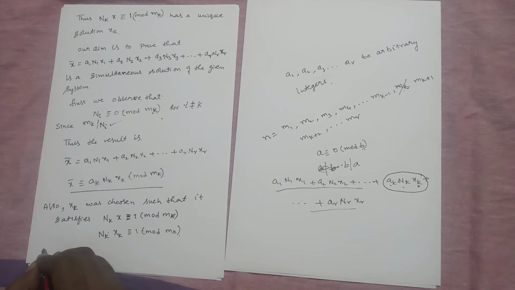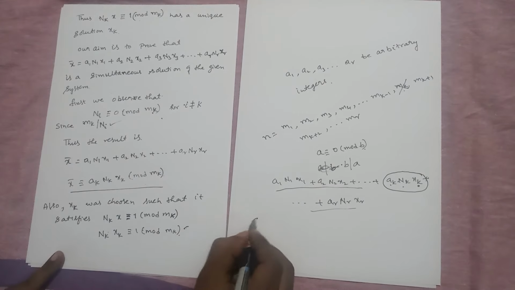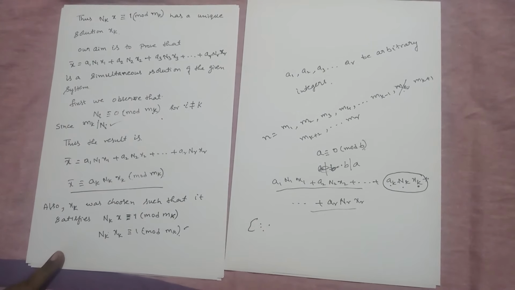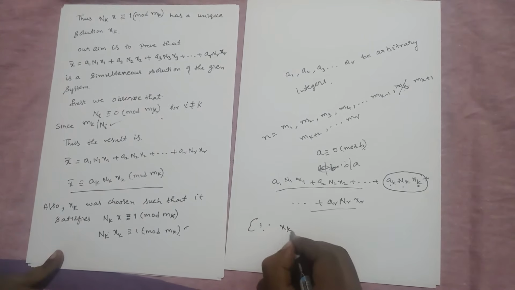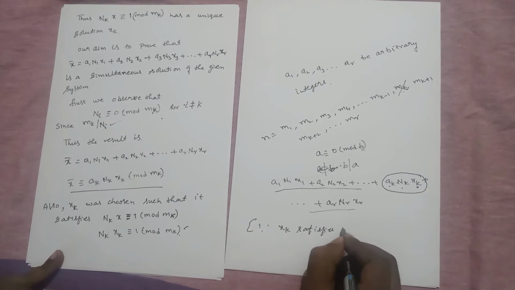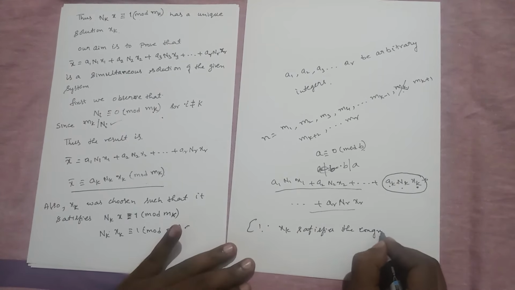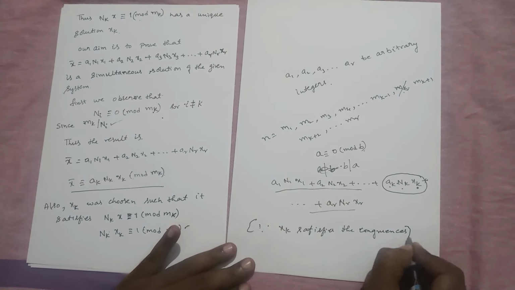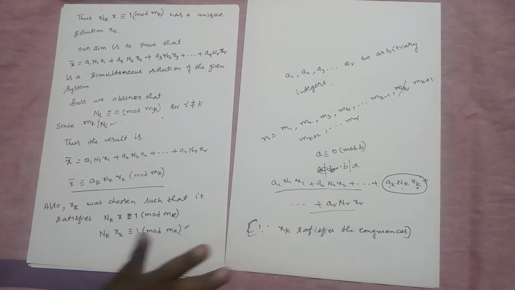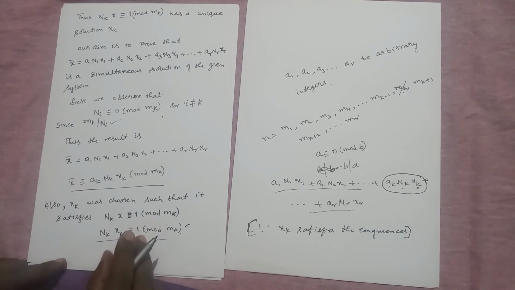So that means, because xk satisfies the congruences, xk also satisfies the congruences. So you get this result also.